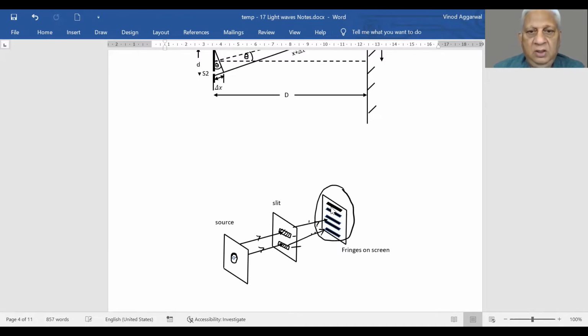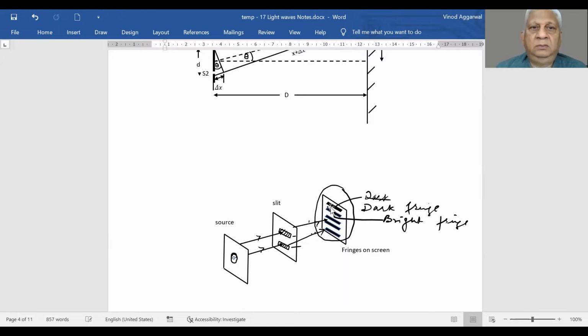What is a fringe? A fringe is a band of dark lines. For example, we call it a dark fringe. In this area, which is brighter, we call it a bright fringe.